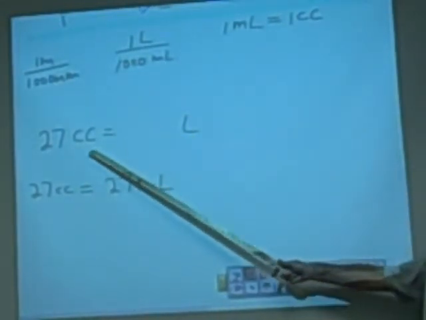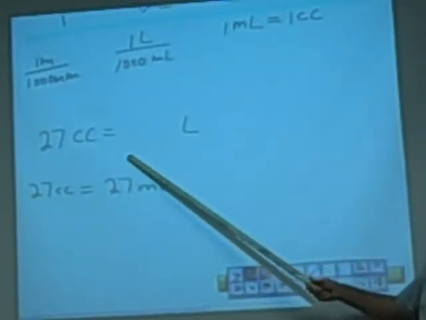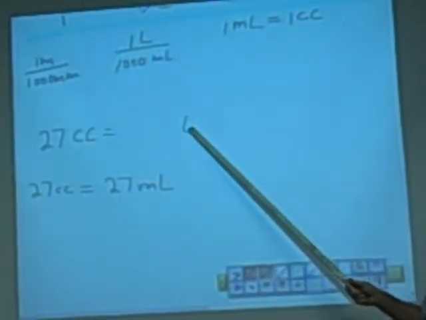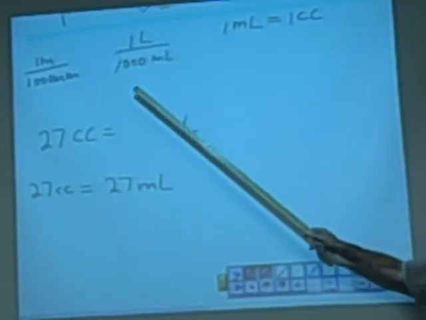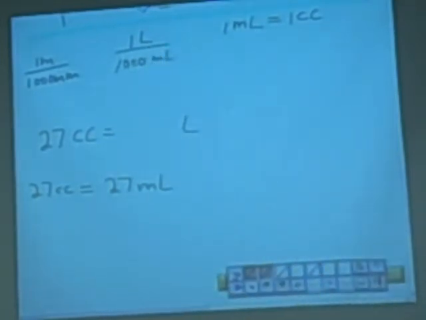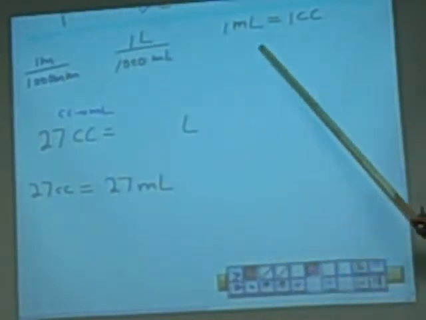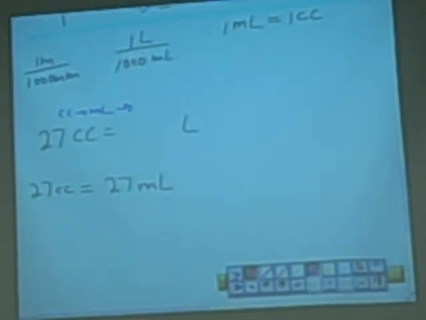But we don't have a conversion to go from cc's to liters. We do have a conversion to go from milliliters to liters. So we convert cc's to milliliters, which is easy because it's a 1 for 1 exchange, and then convert milliliters to liters. All we're doing is changing the units from cc's to milliliters.